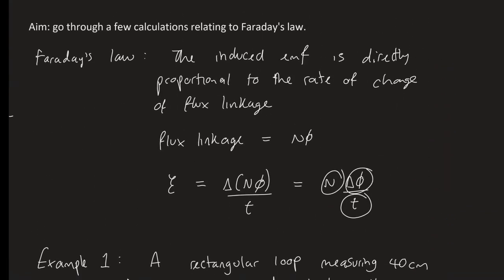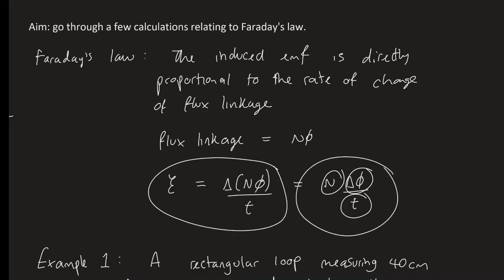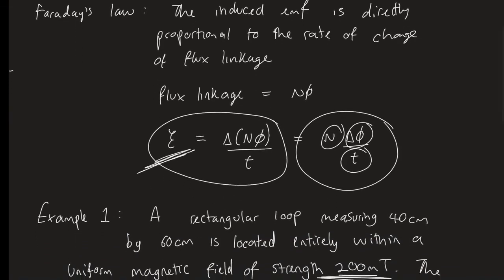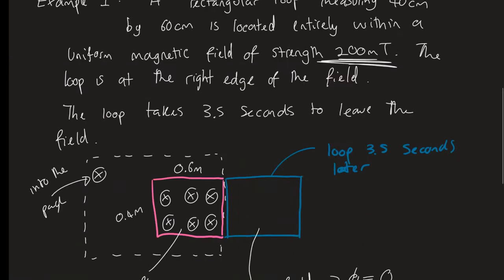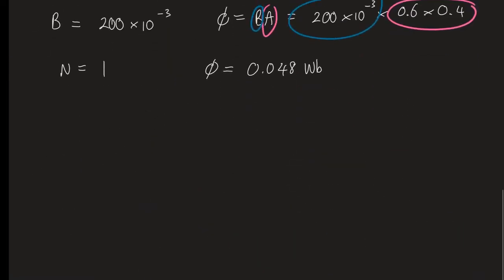Faraday's law tells us that the induced EMF is directly proportional to the rate of change of flux linkage. We've got this equation here, or this one here. So we can actually calculate that quantity, EMF, if we just multiply the number of turns by the change in flux and divide it by the time all of this took. Well, the number of turns is 1.